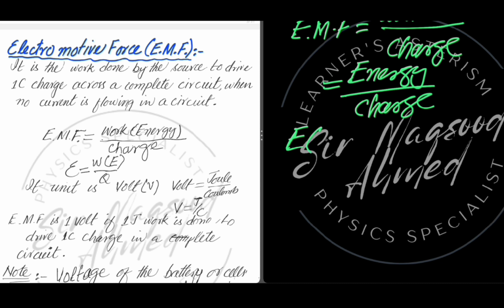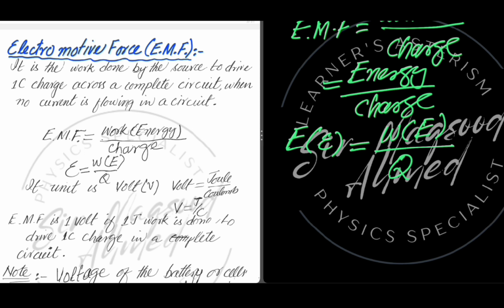Epsilon is just like a stylish E. This is a letter used for E.M.F. And energy or work done is represented by W or E, and charge is represented by a letter Q.